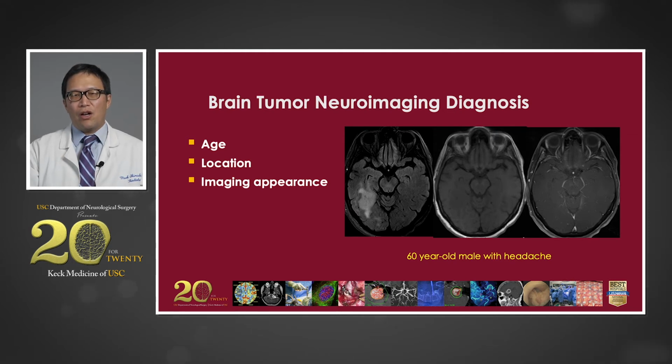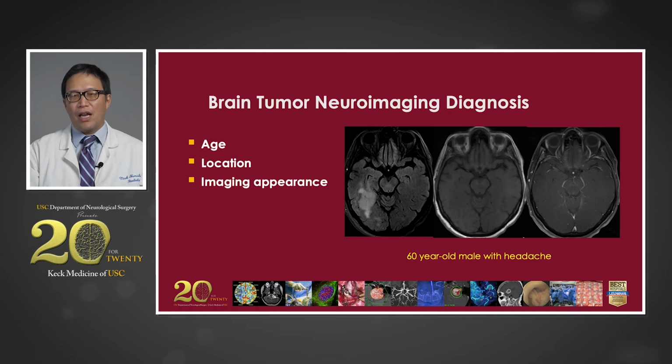You can look in the center image and the image to the right, the pre- and post-contrast enhanced T1 weighted images, and the lesion does not really enhance. Unlike the meningioma that we saw on the previous scan, it doesn't really light up on the post-contrast enhanced scan.